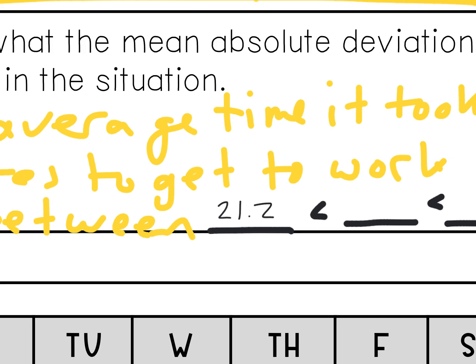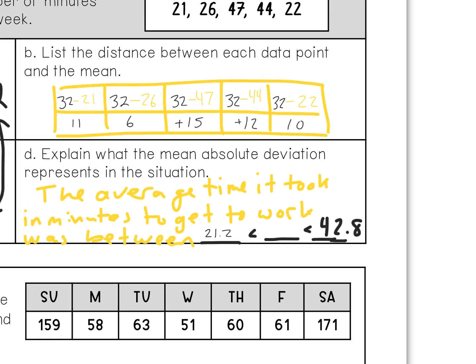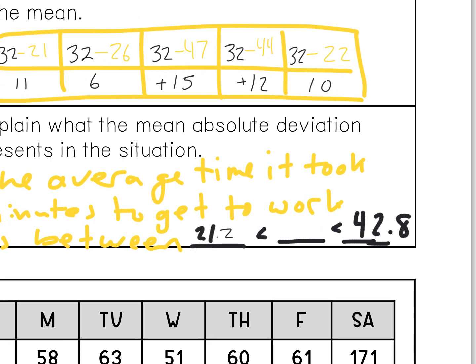Okay, and then 32 plus 10.8 would be 42.8. Okay, so you would expect whoever this is to get to work in between 21 minutes and 43 minutes. So somewhere between 21 and 43 minutes is about how long it will take for this person to get to work.